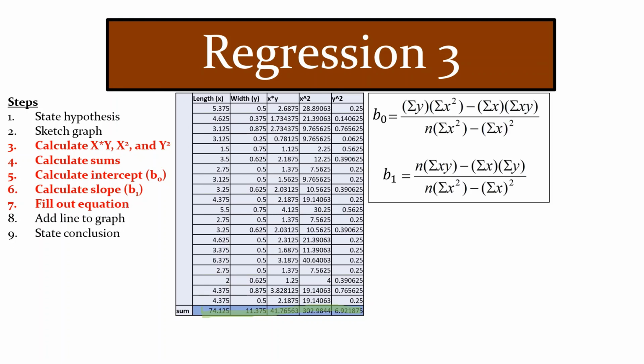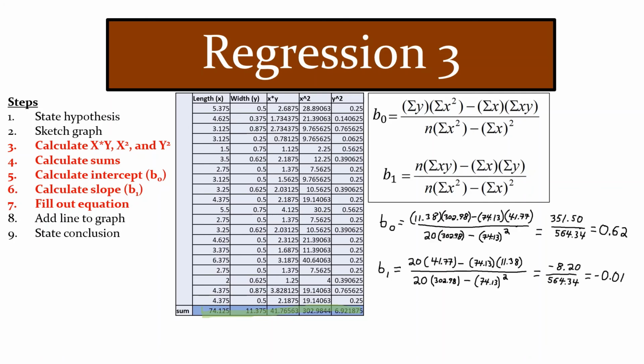All right, so those are going to be the sums we'll be using in these equations for the slope and intercept. To pull that out, as I've done here, for example, the sum of y was 11.38, so I rounded that, times all these other ones. I'm not going to go into it, but you can see that they all match one of these sums here.